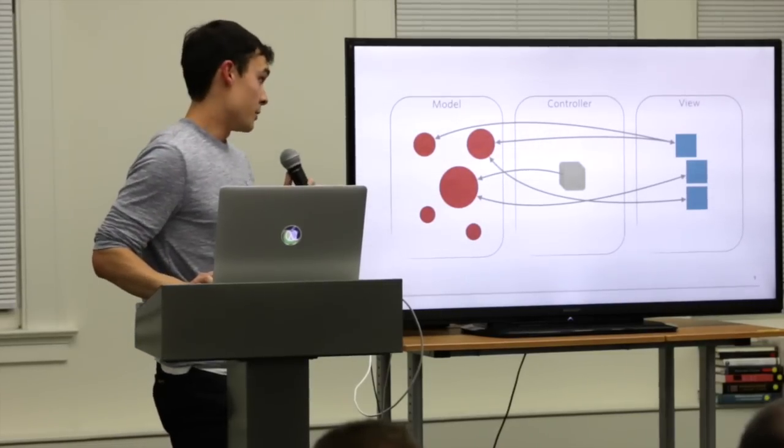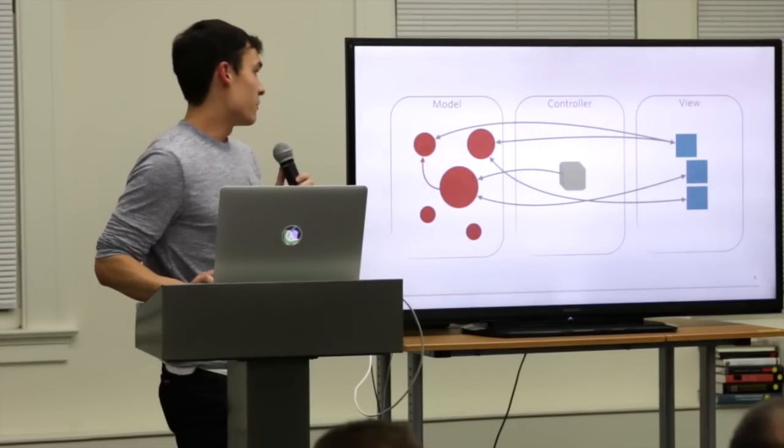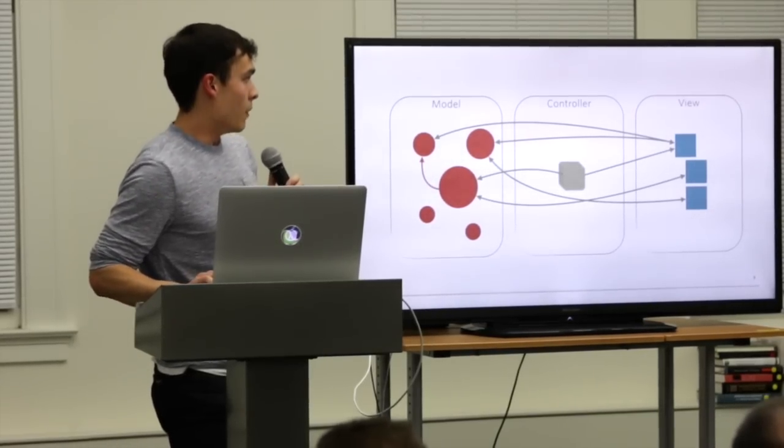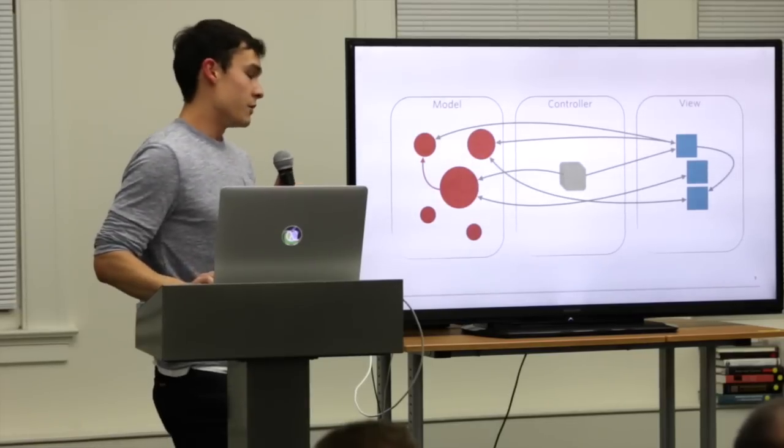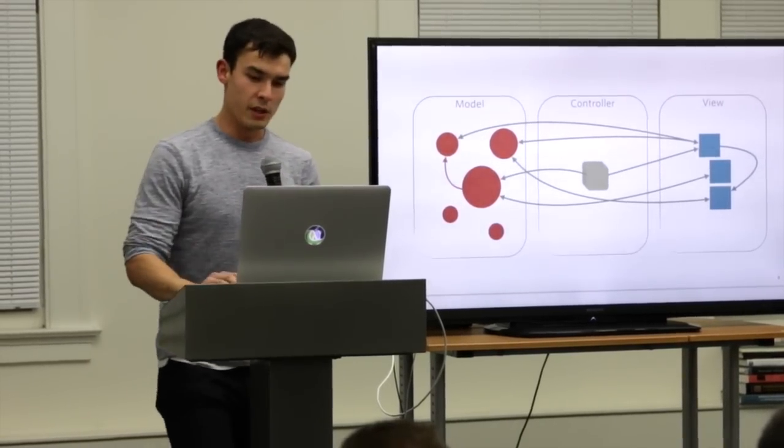There are different types of relationships. The controller mainly facilitates a lot of these, but you can also have relationships between models directly to views. Views can sometimes talk to each other and so forth. Again, this depends on the MVC flavor that you're using, but it is prevalent, and these types of relationships crop up in a lot of systems.